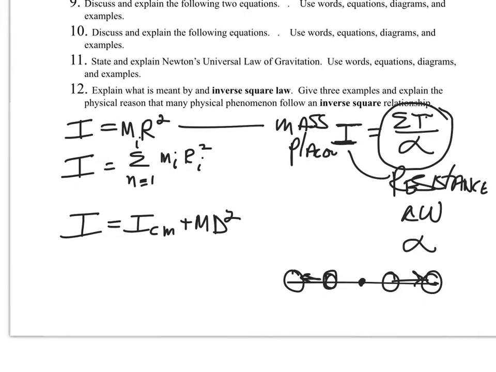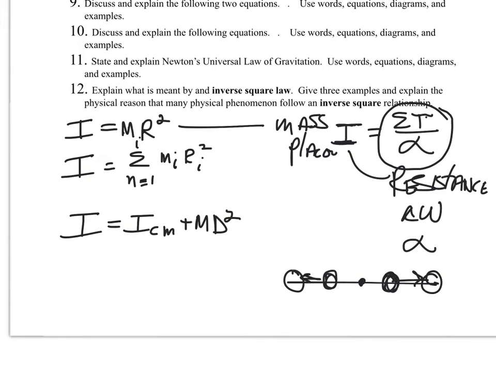What you want to say is, this is the equation for calculating the rotational inertia of a point mass. And so m would be the mass, and r would be the distance from the axis to the mass. Now notice, don't call it a radius.